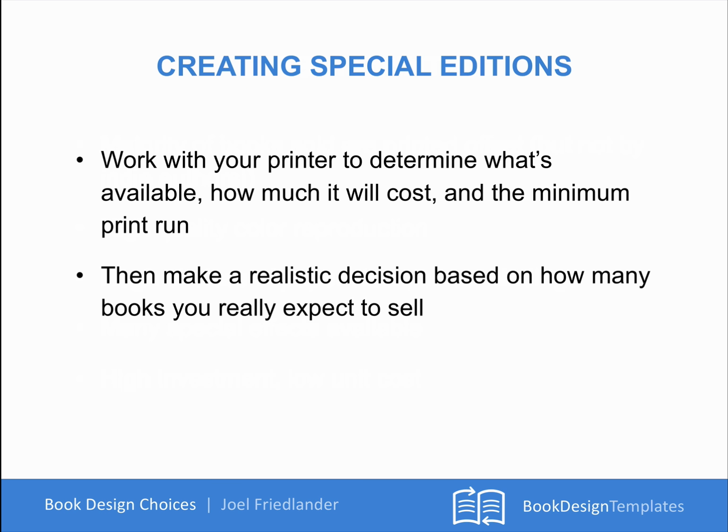Now, think about people like artists, photographers, people who want to create commemorative editions of books. There are many, many different ways to use these options in offset printing to create a product that is really genuinely different than anything else in the market.